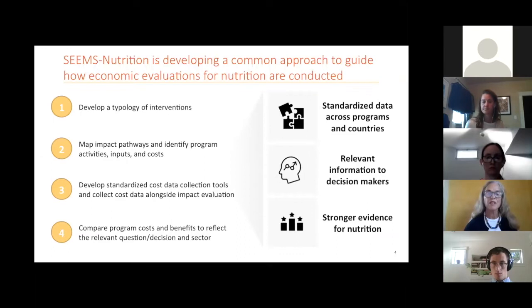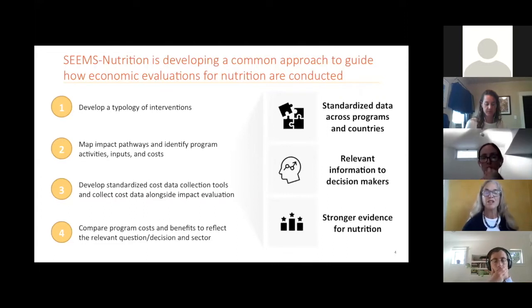In the first stage of our proposed approach, evaluators align a program under study to a typology of interventions. Now, this typology builds from IFPRI and EFAD's nutrition sensitive value chain, and also considers the SUN compendium of actions for nutrition. And this will help us to promote apples to apples comparisons by having a typology.